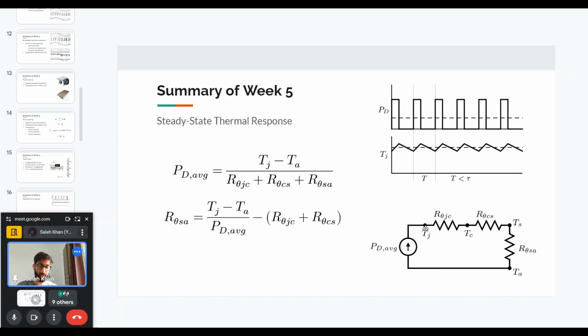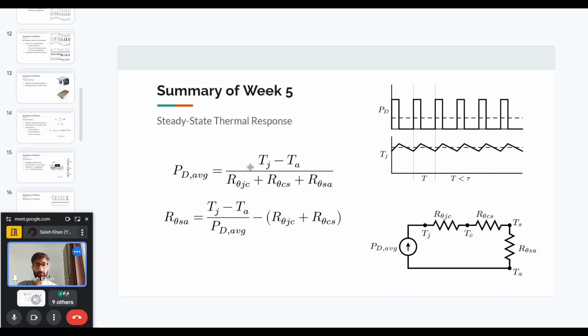So if I use the expression for a thermal resistance, it gives the top expression, which is that the average power loss is equal to the difference between the junction temperature and the ambient temperature divided by the sum of these three thermal resistances.